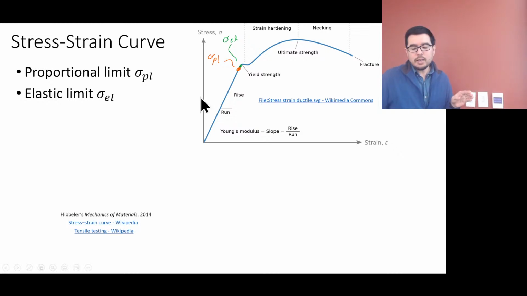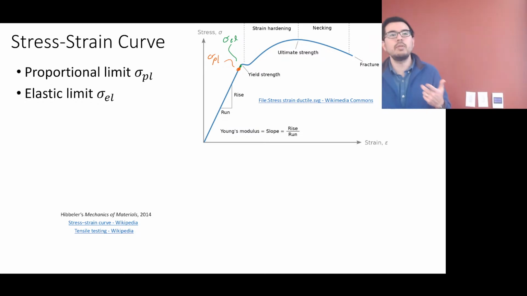We want to keep the stresses low enough so that when they are applied and when they are released, there is no resulting deformation. Does that always happen? No, obviously. But that's the typical goal for a design engineer.